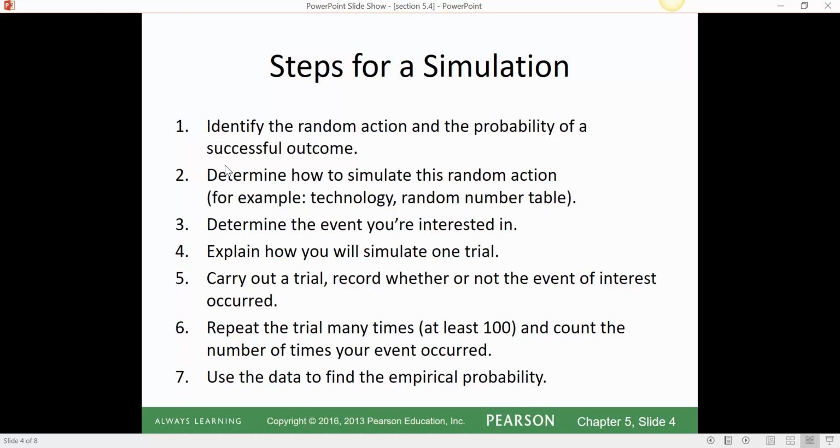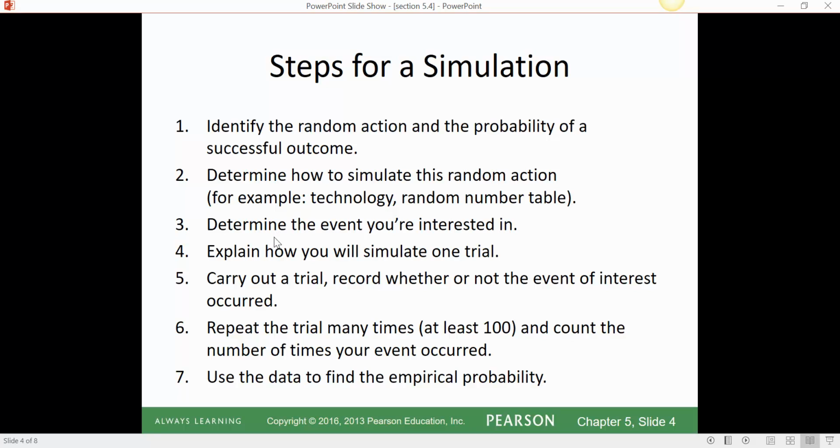But that's one thing you could use. Or we also looked at an example of using a random number table, I think in the same video that we looked at the coin toss simulator, right? So you could use one of those, for example. And there is a random number table in the back of our text, right?